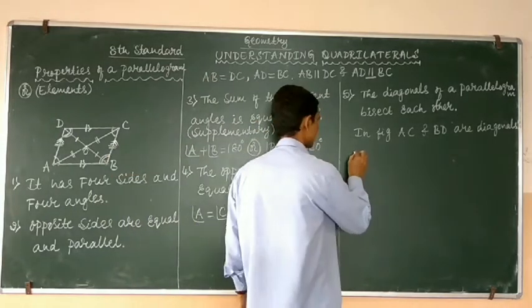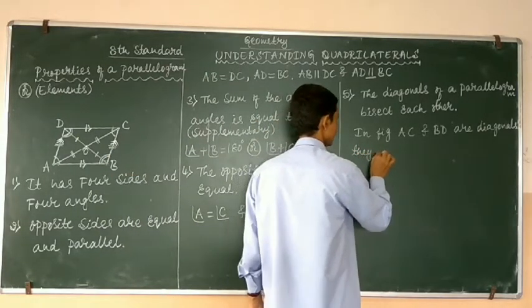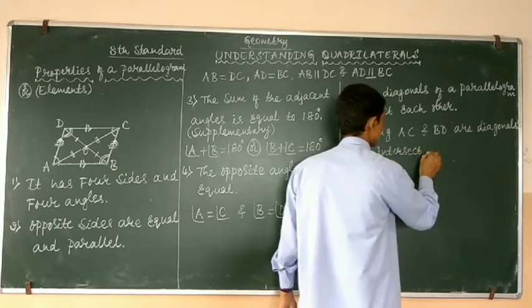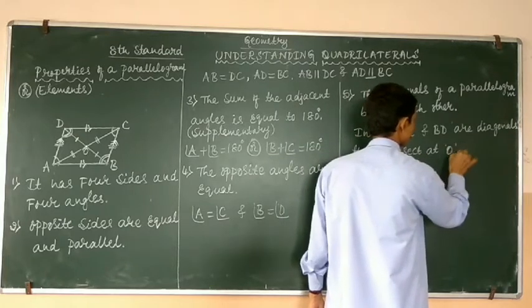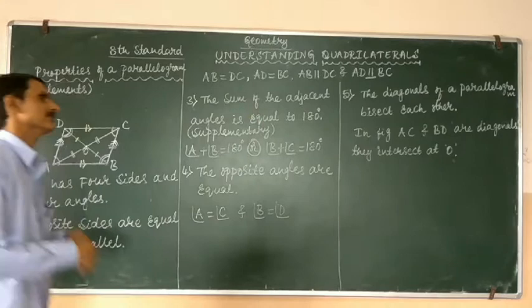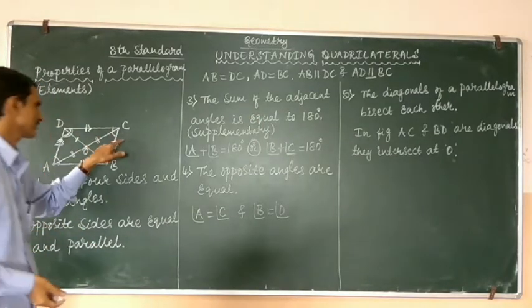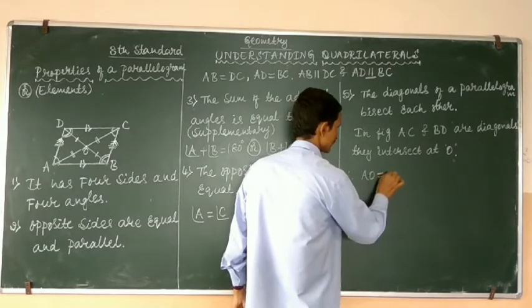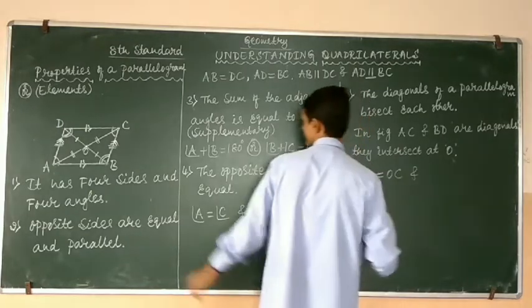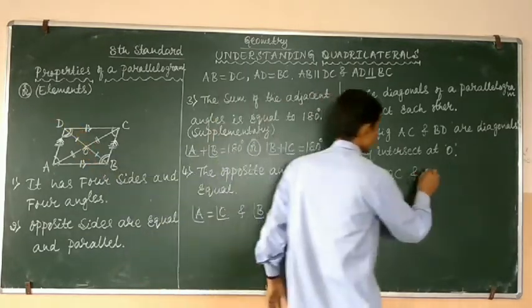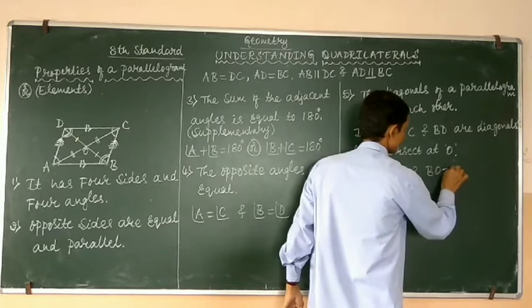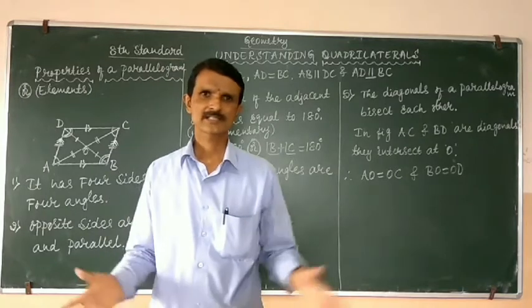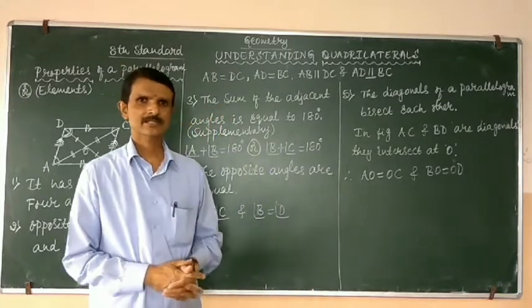They intersect at O. So therefore we can write AO equals OC and BO equals OD. Students, so this is about the properties of the parallelogram.